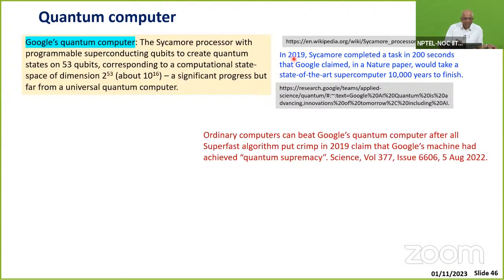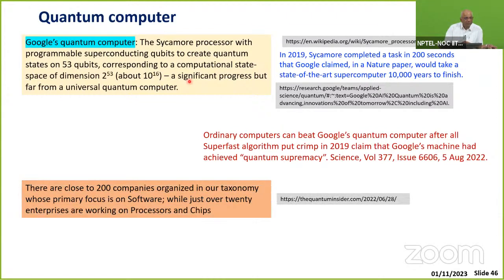They made a big claim, but that claim was challenged in 2022, that others can do much faster than the Google quantum computer. And there are close to 200 companies, organized using our taxonomy. The primary focus is on software, while 20 companies are making quantum processors and chips. So you can see the growth of the quantum information age.